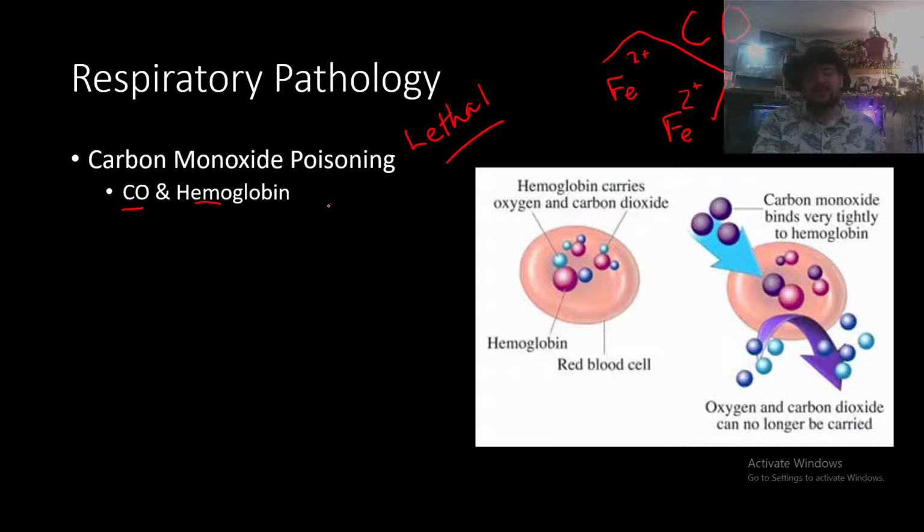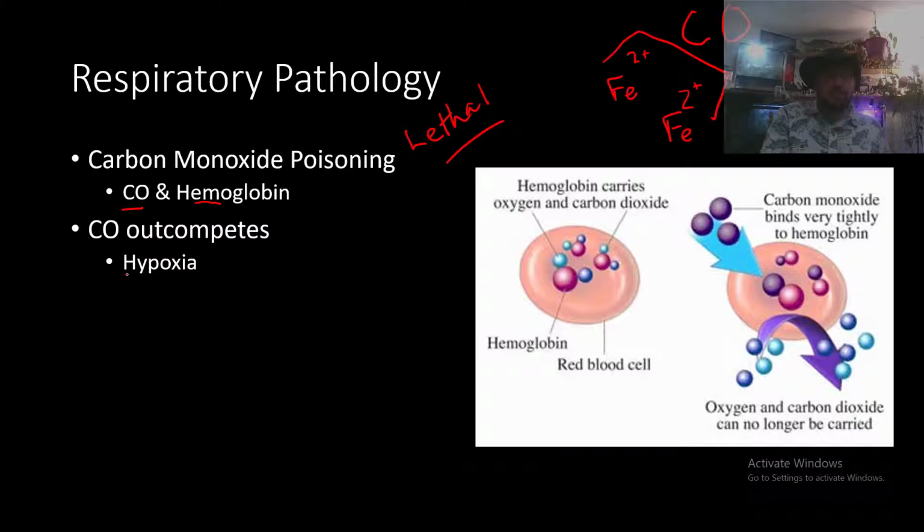Basically, it's a concentration game. Once you get to a certain concentration of carbon monoxide in the air, it outcompetes enough oxygen that you don't have enough oxygen binding to red blood cells and you suffocate. Hypoxia: hypo, low; oxia, oxygen.